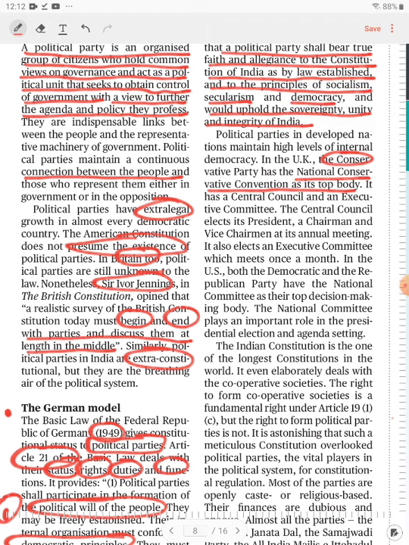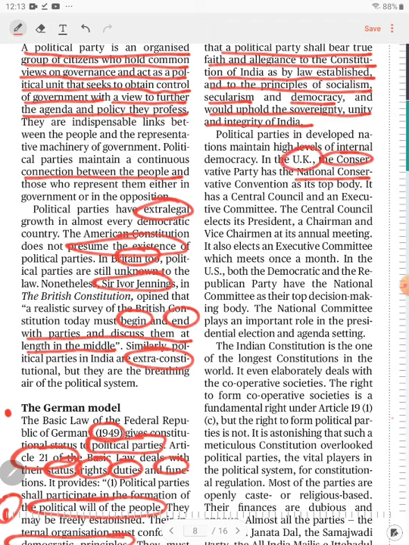It has a central council and an executive committee. What is the role of that? The head, like a president, chairman or vice chairman, sit in the annual meeting and decide everything. So everything is based upon the democratic way. That is what is important. You may not remember these things, it is not essential.